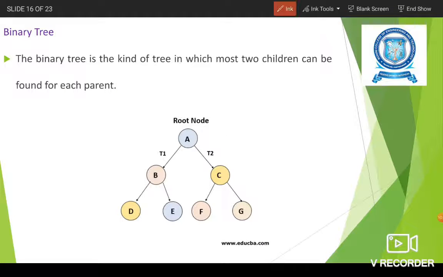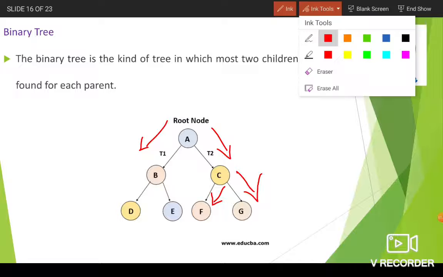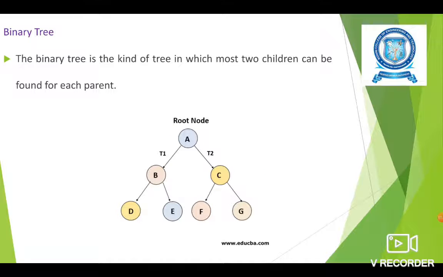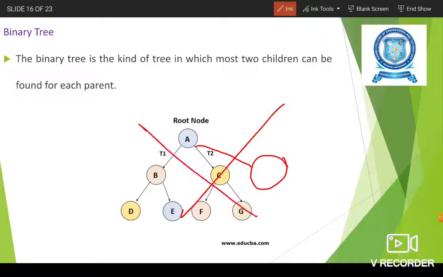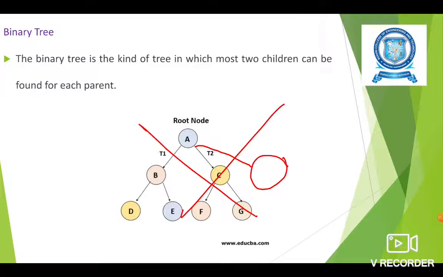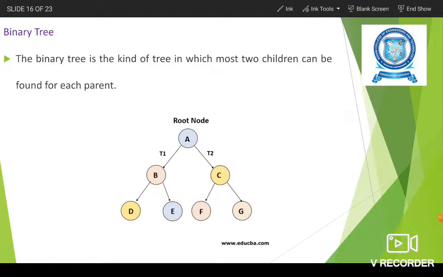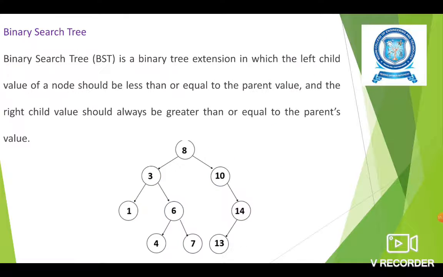For the node C, I am having 2 children F and G. Similarly for node A, B and C are the child nodes. So if I am having one more child to node A, then it is not a binary tree. Okay, so hope you can understand what is binary tree.